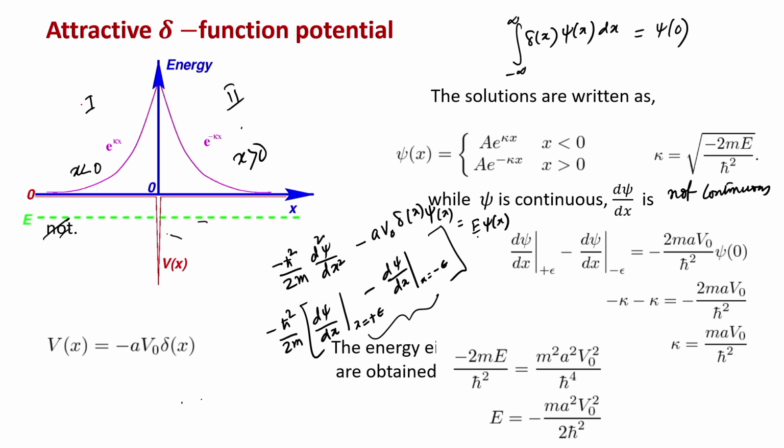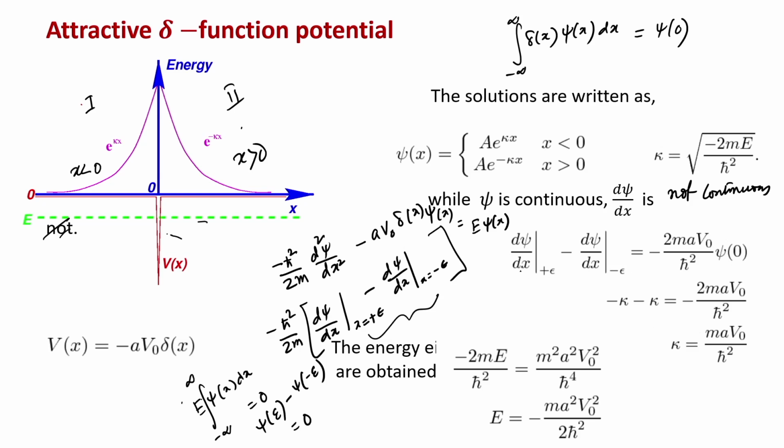The right hand side, E psi of x dx integrated over the small interval, gives us 0, because it is equal to psi at epsilon minus psi at minus epsilon. It became a little messy, but I hope you understand that the right hand side does not give any contribution. So, the only contribution to the jump in d psi dx just to the left of the barrier and just to the right of the barrier is given by 2 m a v naught by h cross square psi at 0.